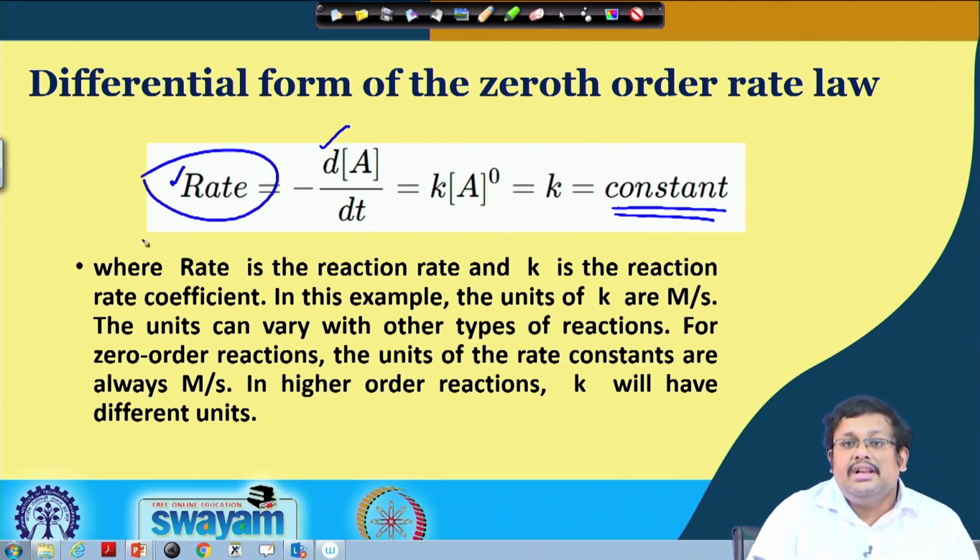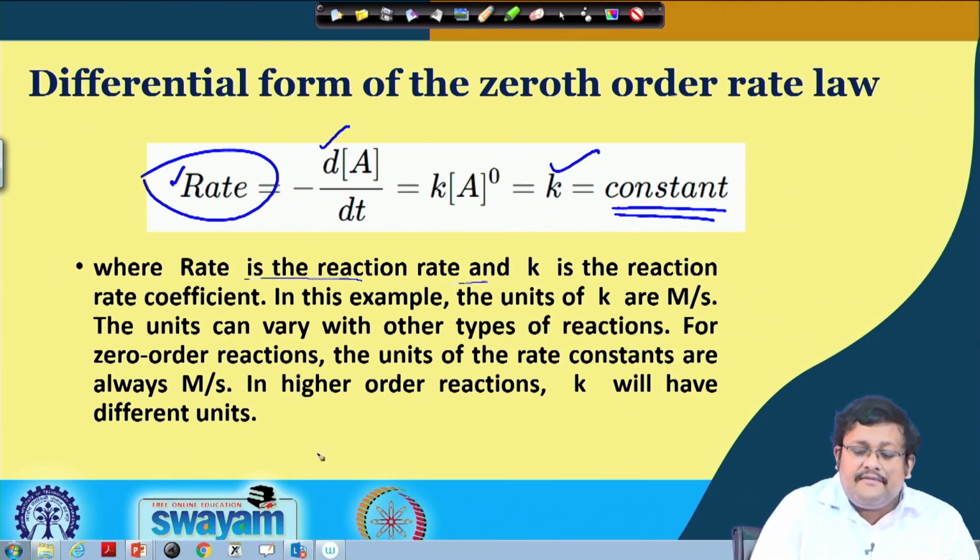This is the differential form of zeroth order reaction, where rate is the reaction rate and k is the reaction rate coefficient. Now, in this example, the unit of k is M per s, that means it is basically concentration per unit of time. So, it is molar per second, it could be mole per second.